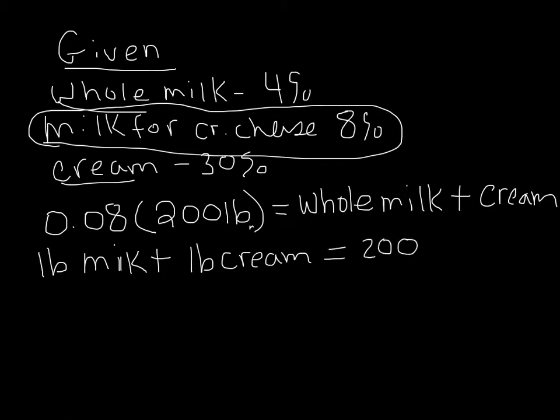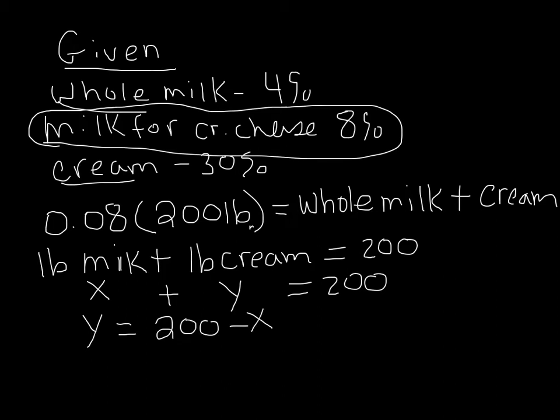So now think about this as being x, and this as being y, and that is all equal to 200. Solve for one of these variables here, and I'll just say that the cream, or y, is equal to 200 minus x. Okay, so now we can take that information as it relates to the pounds, but we still have to relate it back to a percentage.